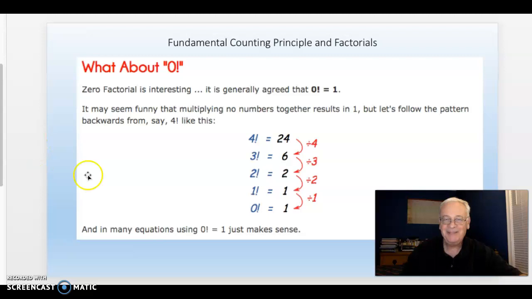You can think of it like this: 4 factorial is 24. Divided by 4 is 6. That's 3 factorial. Divide that by 3, it's 2, which is 2 factorial. Divide that by 2, it's 1, which is 1 factorial. And you divide that by 1, you get 1 again. That's 0 factorial.